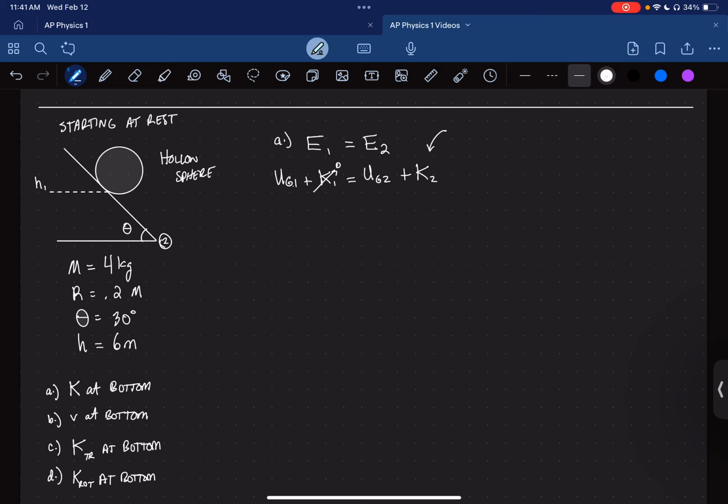It does have gravitational potential energy, but at the bottom of this ramp, there is no gravitational potential energy. This is mgh1 equals K2. So this is 4 times 10 times 6 is K2. That's 240 joules is K2.